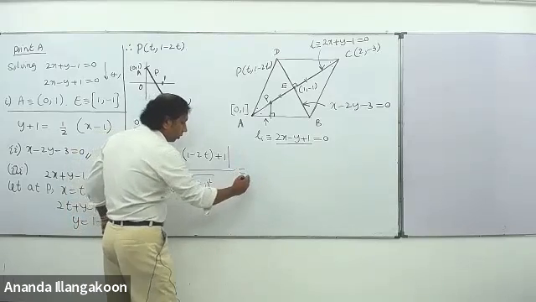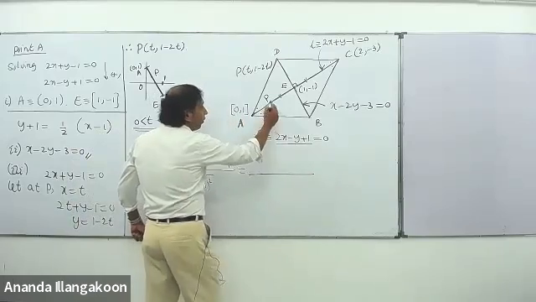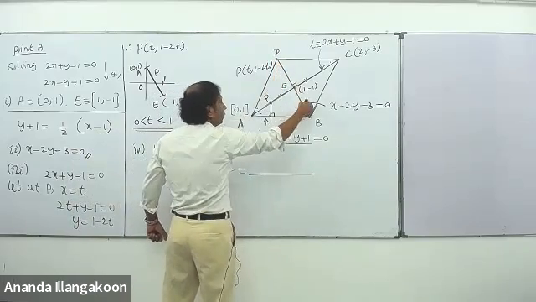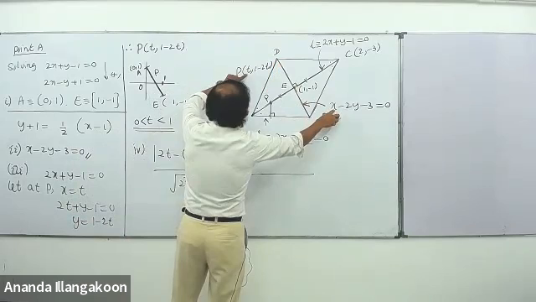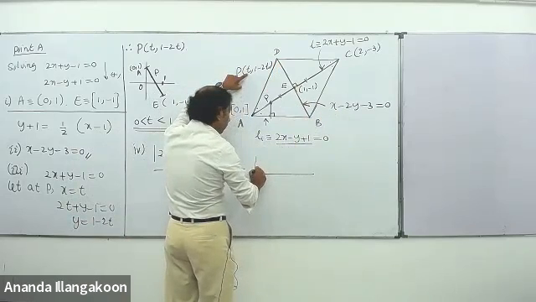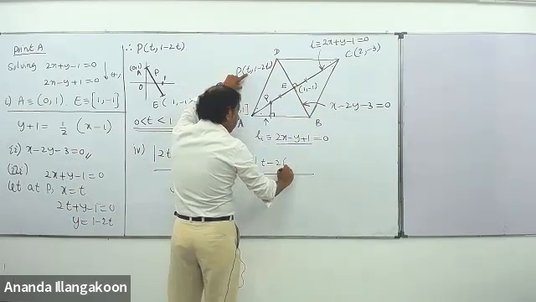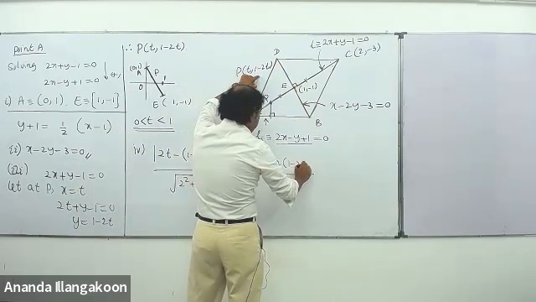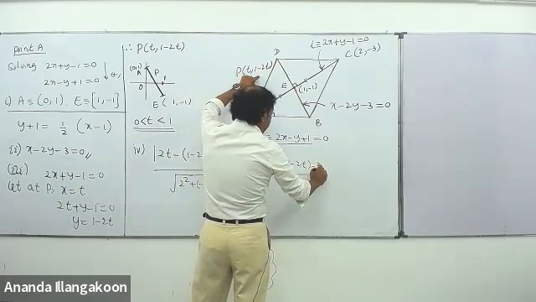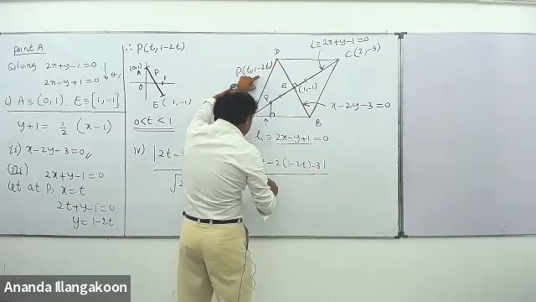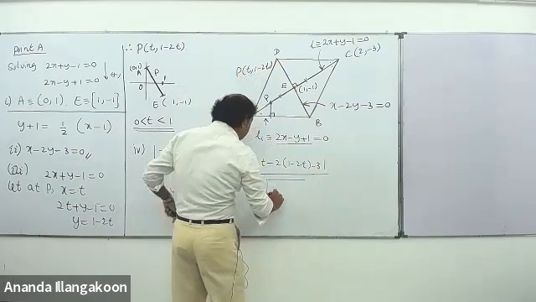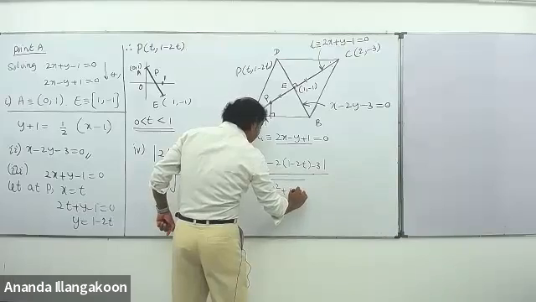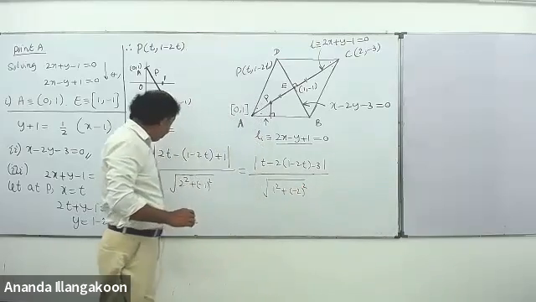Equals, the same way on this line, put that x coordinate here: modulus of t minus 2 times (1 minus 2t) minus 3, divided by the square root of 1 squared plus (minus 2) squared.